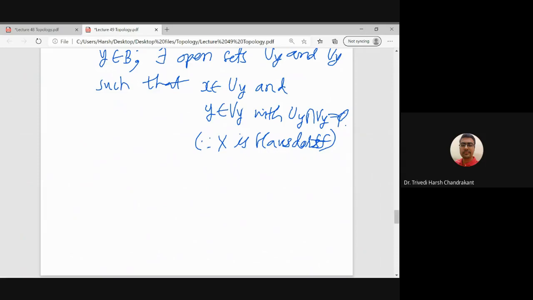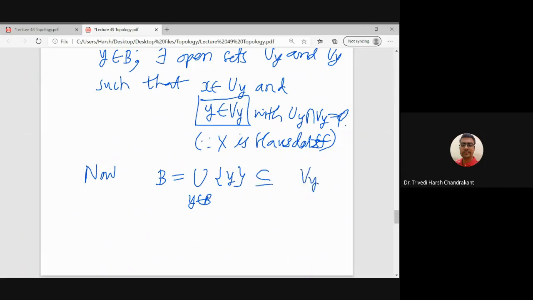Right. So now what we have is, for each y we are getting Vy, which is an open set. So what we'll get is that B is a union of singletons {y}, and each singleton {y} is a subset of Vy. Therefore the union of singletons {y} is a subset of the union of Vy.